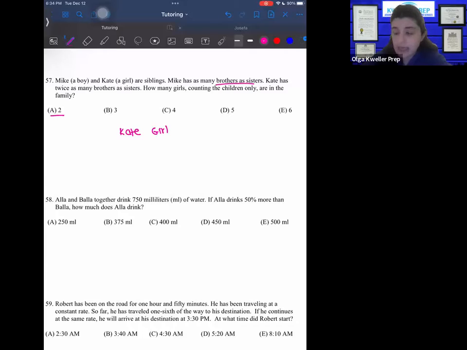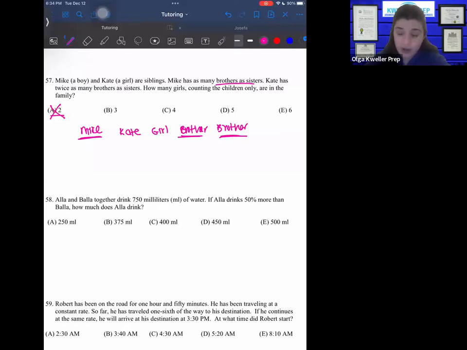So Mike has two sisters, Kate and the second girl. That means he has two brothers. But then Kate has twice as many brothers as sisters. In that case, Kate is going to have three brothers, but she only has one sister. So the second condition is not true, so I know that A cannot be my answer.